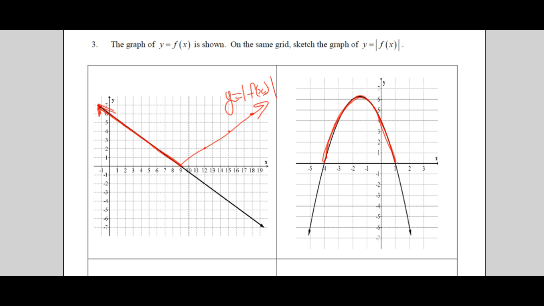So all I can do is find a point, right? And the only point I can see here is I've got the point 2, -6. So where am I going to move it to? 2, 6. Okay, so that point is there. And by symmetry, at -5, -6, so that'll be -5, 6.